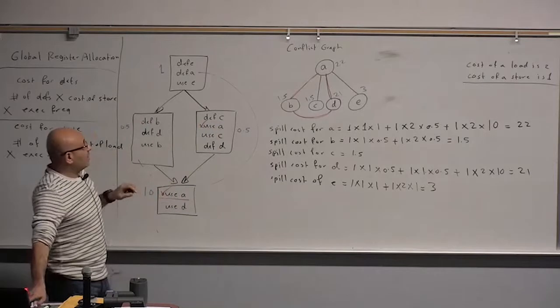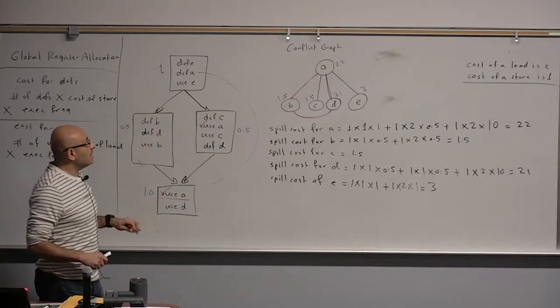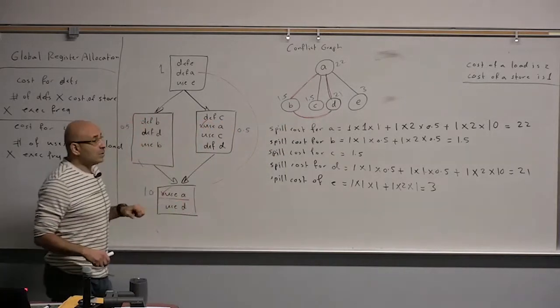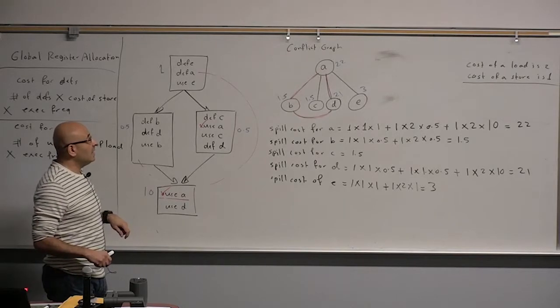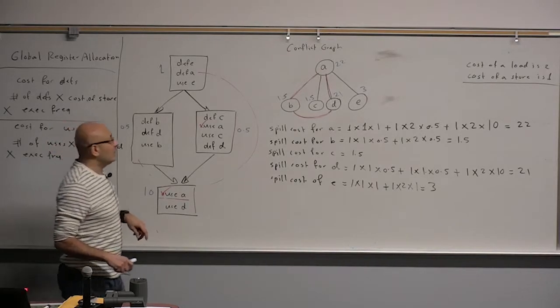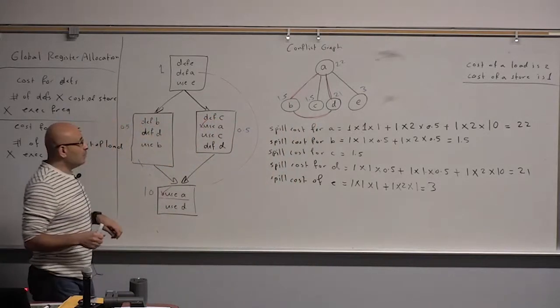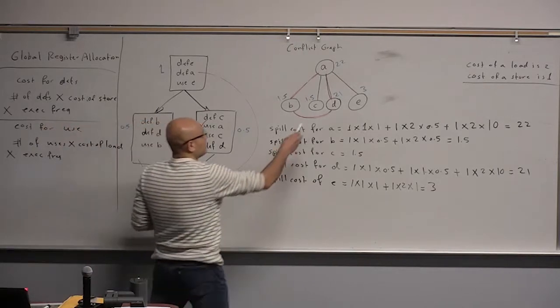So first of all, the one thing that we can do to simplify things is to identify the easy nodes, the nodes that are not problematic, that can be colored easily. And those are the nodes for which the number of conflicts is less than the number of physical registers.